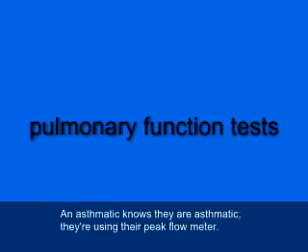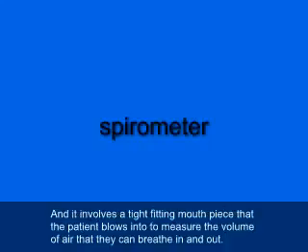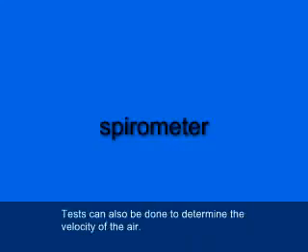An asthmatic knows they're asthmatic, they're using their peak flow meter. But spirometer is a tool used to perform a variety of tests just to find out what is going on. And it involves a tight-fitting mouthpiece that the patient blows into to measure the volume of air that they can breathe in and out. Tests can also be done to determine the velocity of the air.